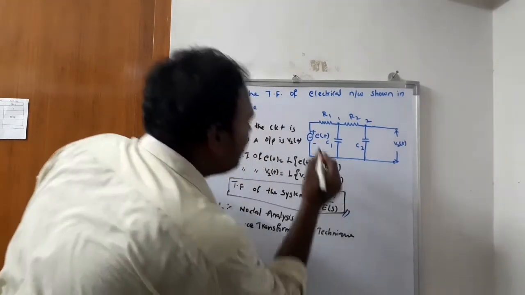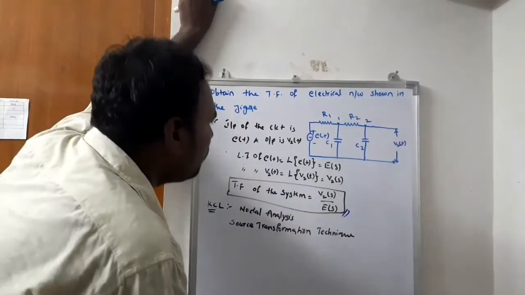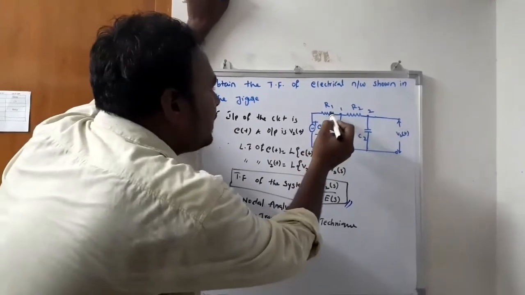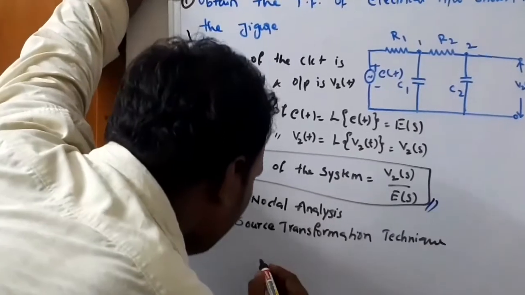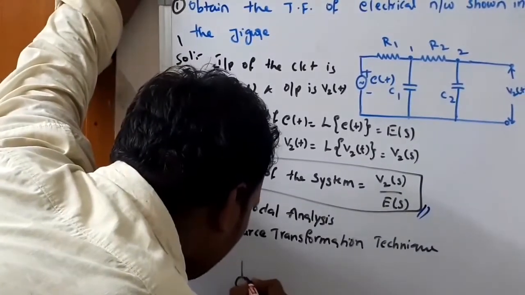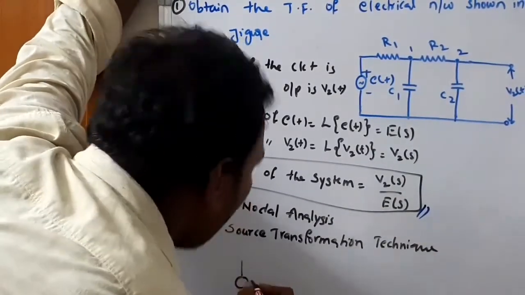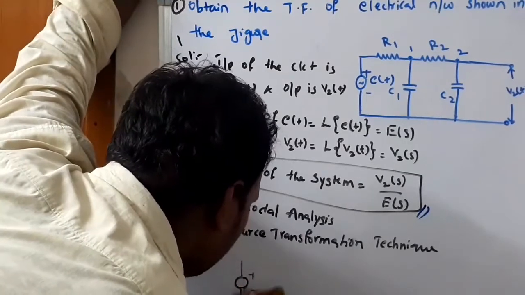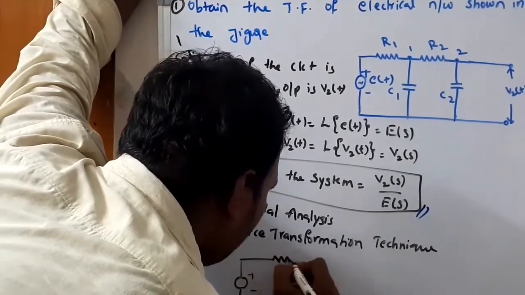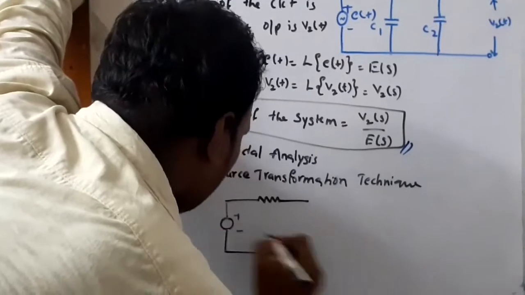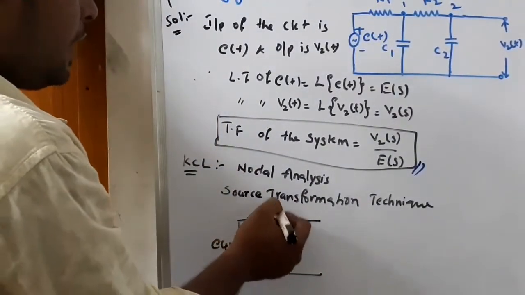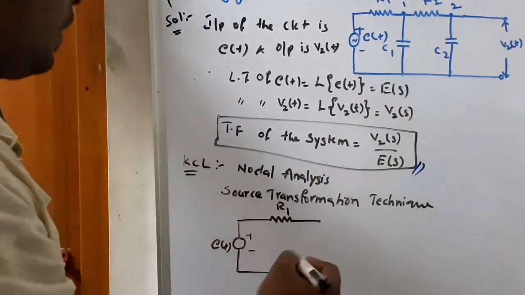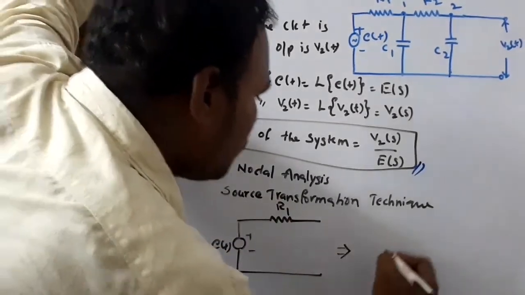We are going to convert this voltage source into a current source. The series resistor is converted into a parallel one. So E of t is the voltage source with a series resistor R1, and we convert this into a current source like this.